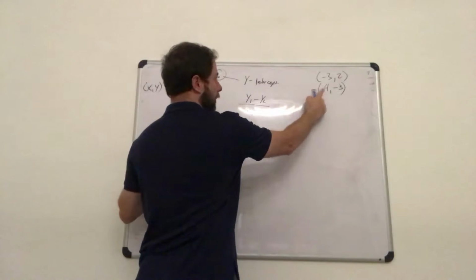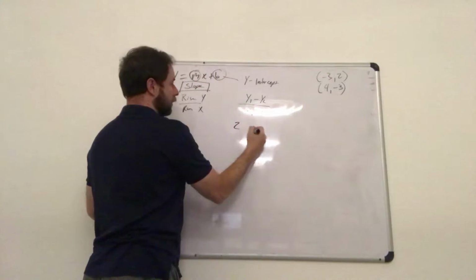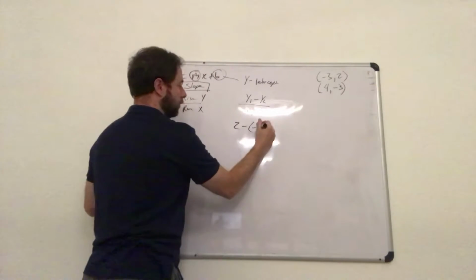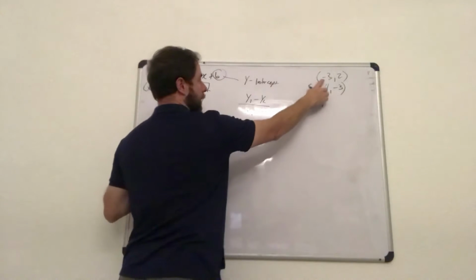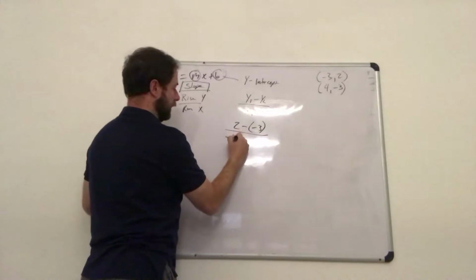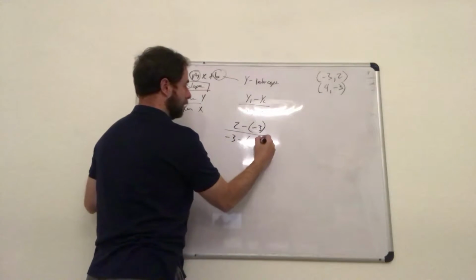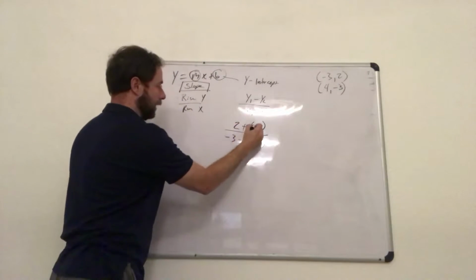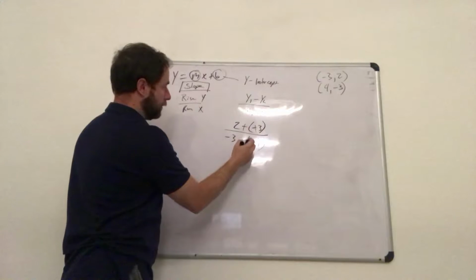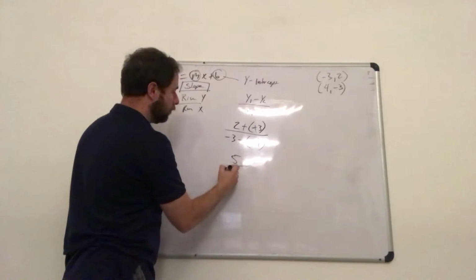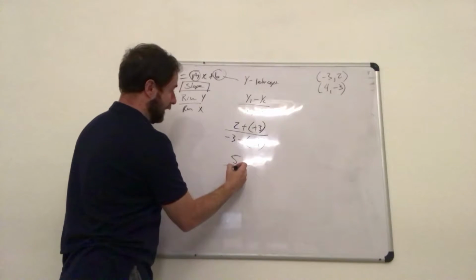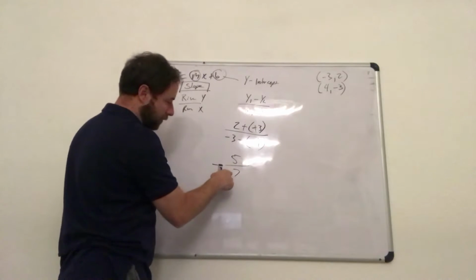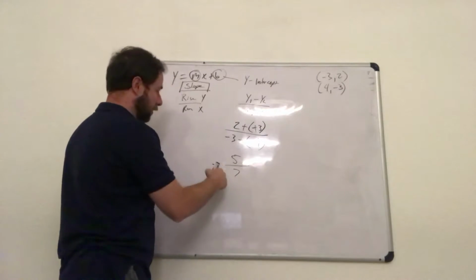So y1 is 2 minus y2, which is -3. x1 is -3 minus 4 for the x's. You're going to get 5 over -7, so the negative goes in front. If one of them is negative, then the slope is negative.